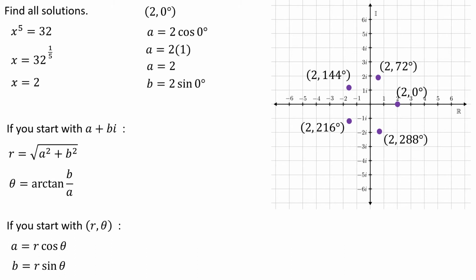Sine of 0 degrees is 0. So that really is just plain old 2, right? If I didn't recognize it as just being plain old 2, and I actually tried to work with the r cosine theta and r sine theta, I would have gotten 2 plus 0i, which of course is 2. Of course, that was the first solution.